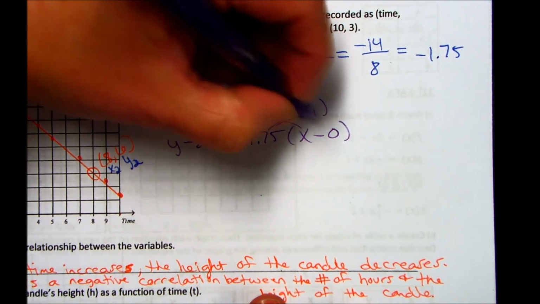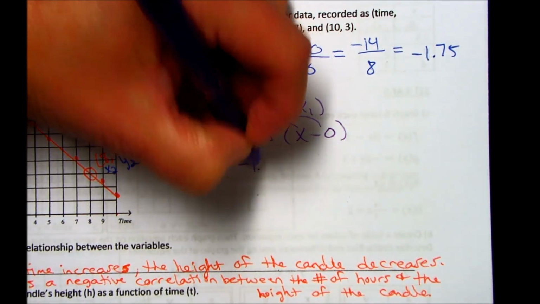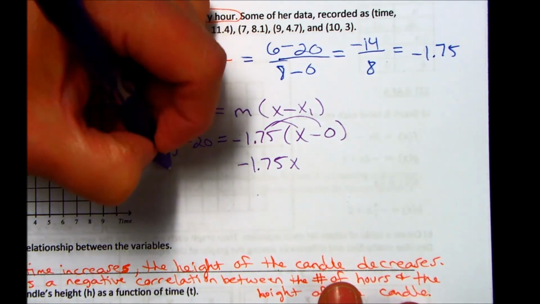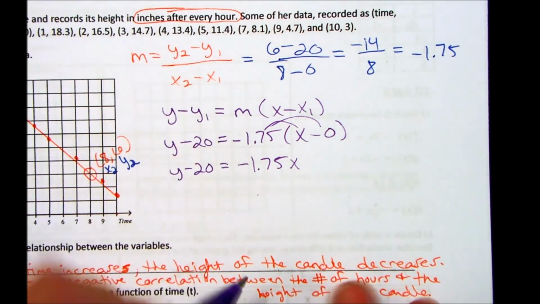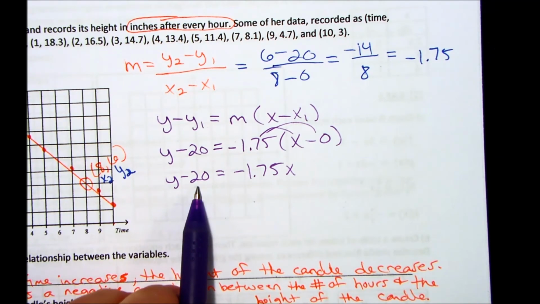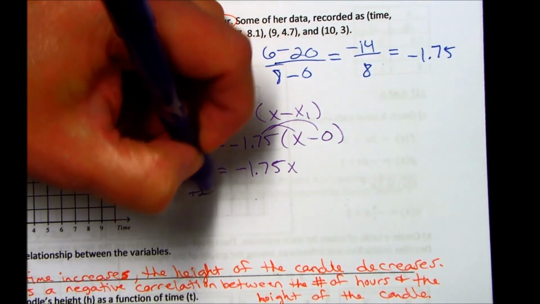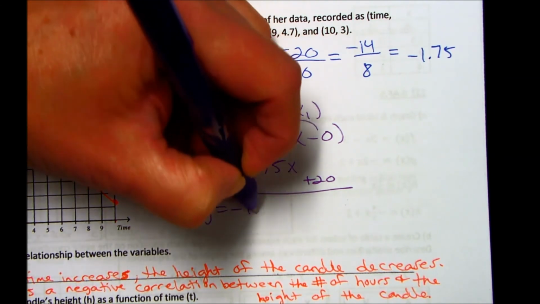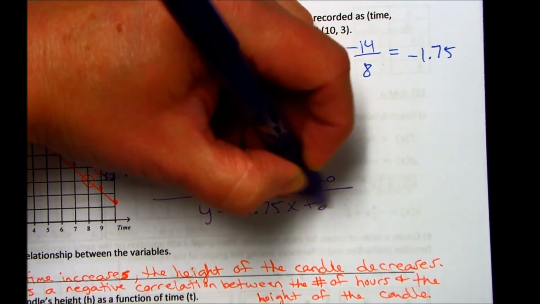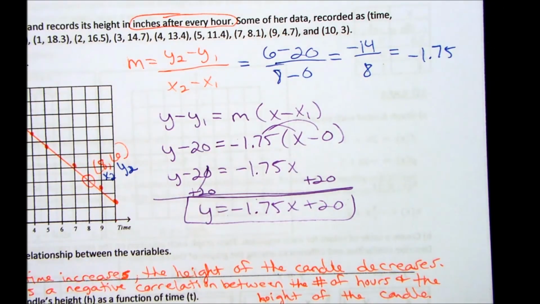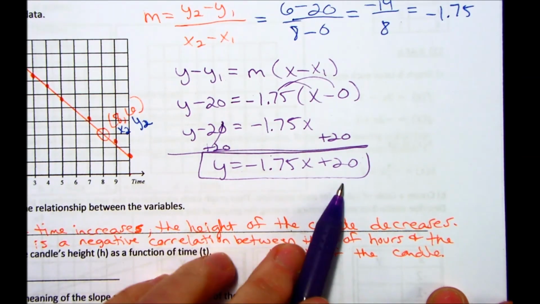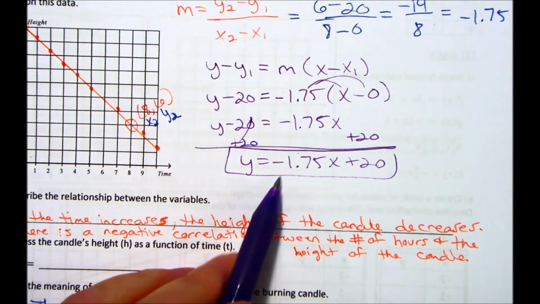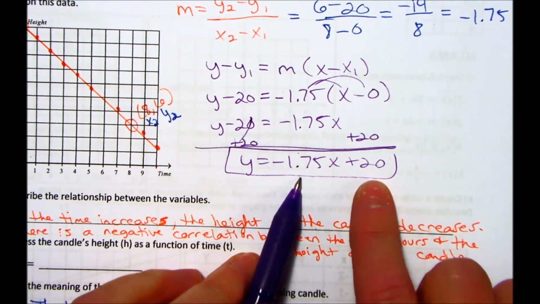Then if I distribute, I would just get negative 1.75x. Oh, this was really silly. I didn't have to do this. This is more work than what I needed, because I already know my slope and my y-intercept. I'm not thinking. All right, so y equals negative 1.75x plus 20, which we could have gotten right away at the beginning if we just put it into slope-intercept form. We found our slope, we already knew our y-intercept, so we could have just plugged it into the slope-intercept form.